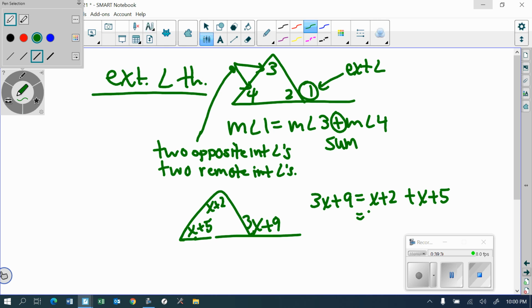So I combine like terms, I get 2x plus 7 equals 3x plus 9. Subtract the 2x across, I get 1x.